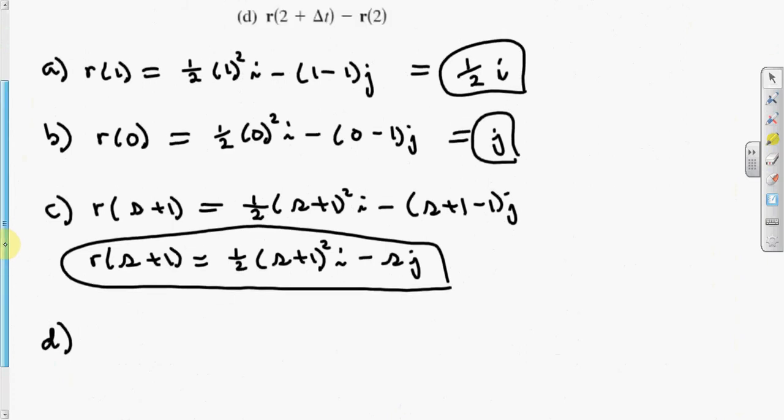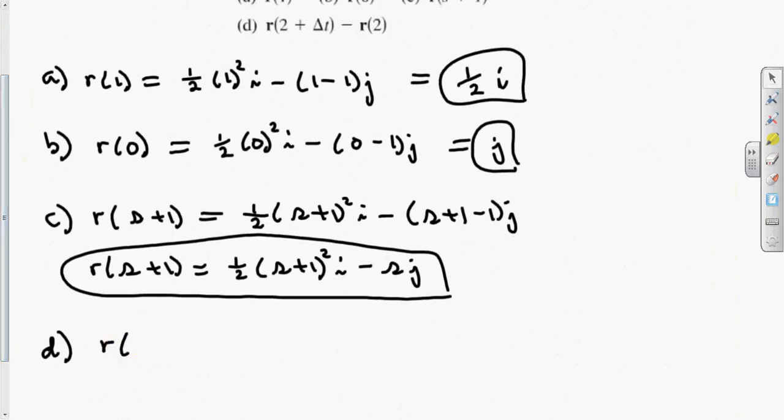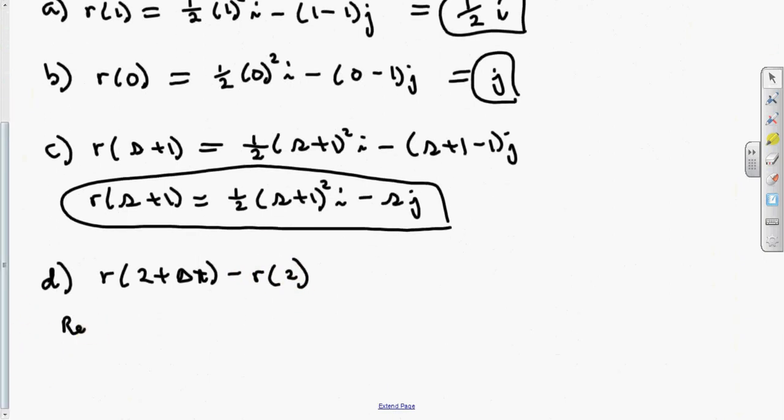Part D, better write that guy first. This is r of 2 plus delta t minus r of 2. I'm writing r, but maybe I can write it in a way that is familiar to you. f prime of, yes, sir, definition of the derivative.